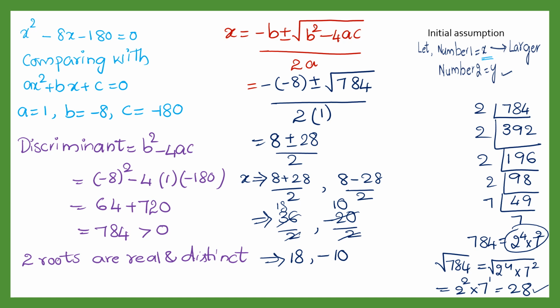And now what was our initial assumption? We assumed the number 1 as x, that is the larger number as x. So larger number is x, so here larger number x is 18. Then what will be the number 2? Number 2 is y.